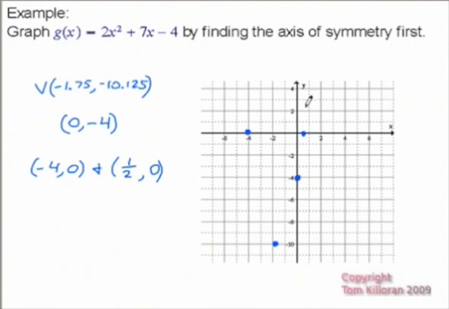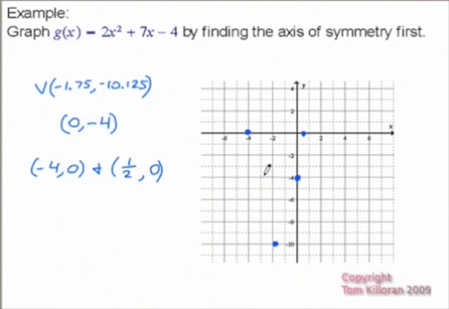So these become our 4 main points, and then we're going to do our reflected point. Now this one gets a little tricky. It's 7/4 to get to the axis of symmetry, and it's another 7/4, that would be 14/4, better known as 7/2, which is right about here. 7/2 being 3.5.